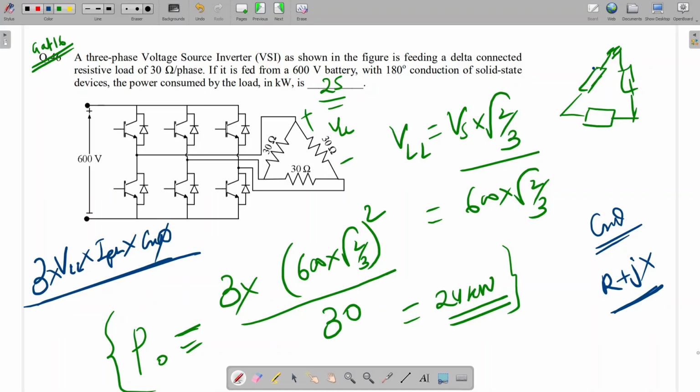So phi will be tan inverse X by R based on the load. This is R plus jX, so the phase angle will be tan inverse X by R. Is it clear?